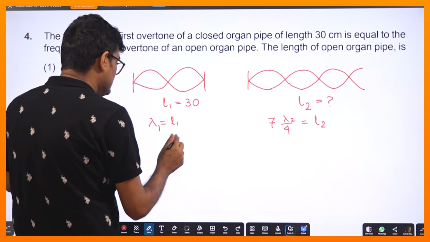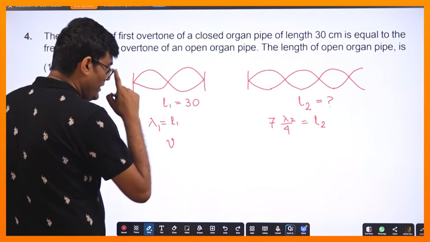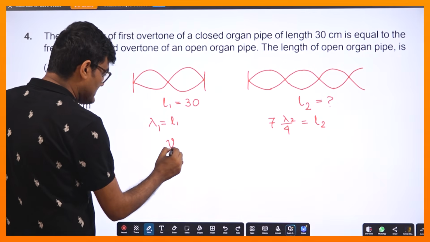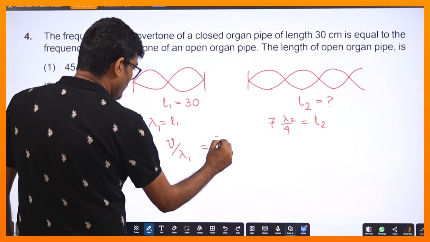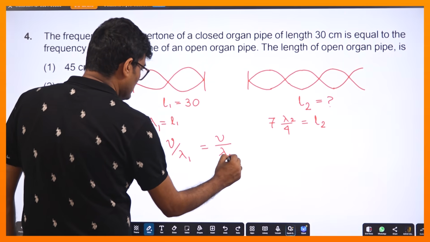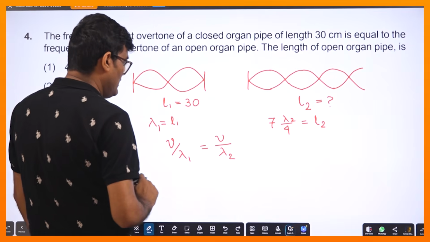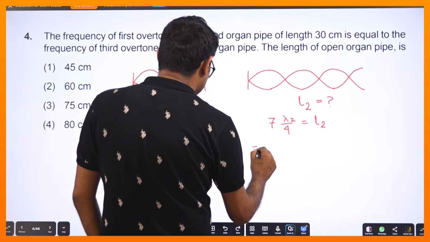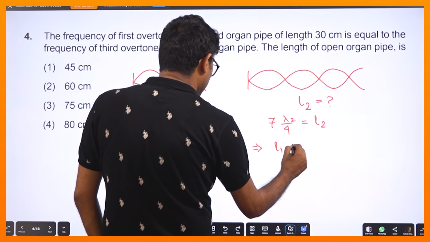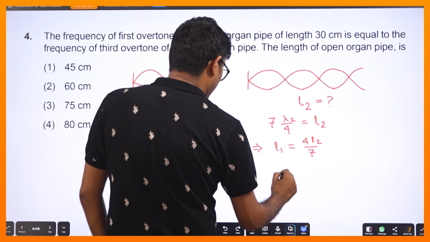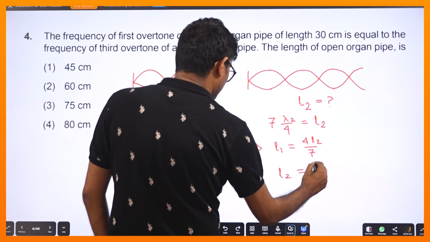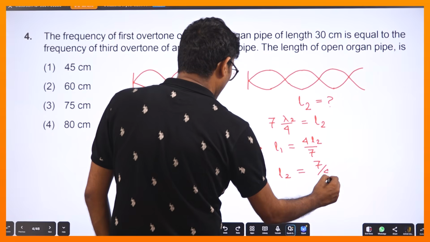The velocity of sound in both the pipes I am assuming to be the same, so velocity divided by wavelength is equal to velocity divided by wavelength. The only option is lambda 1 equals lambda 2. So that gives us L1 equals 4 L2 by 7. I think the value of L2 is 7 by 4 L1.